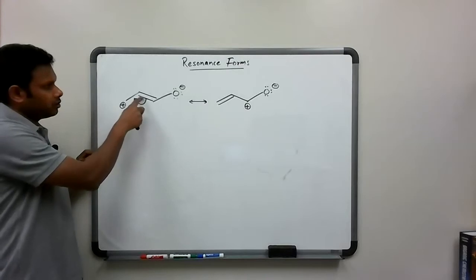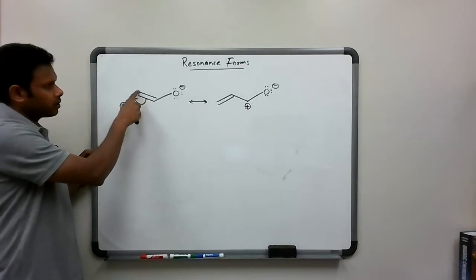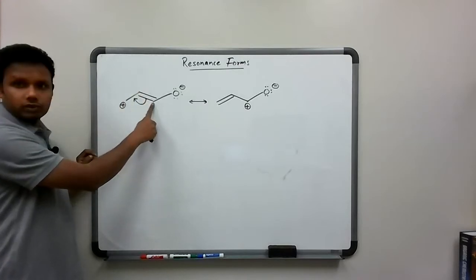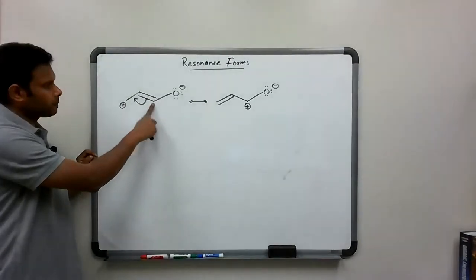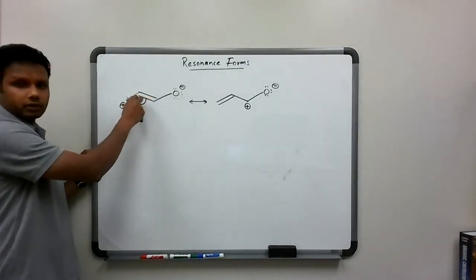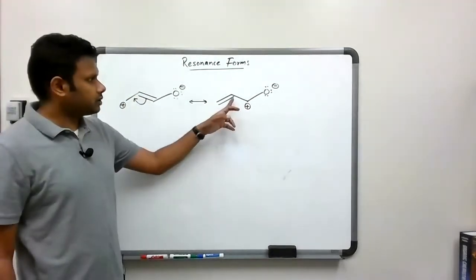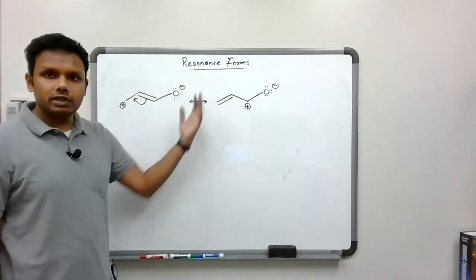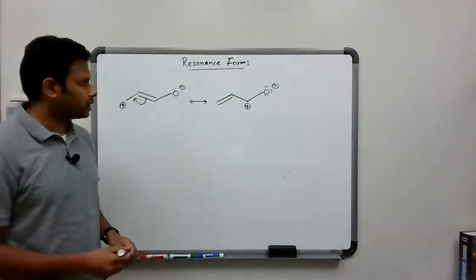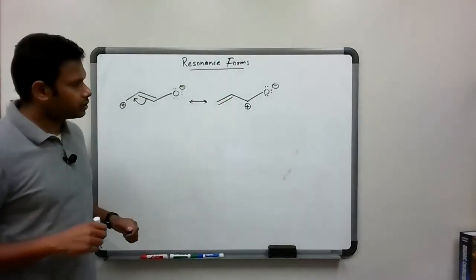And remember that the two electrons here, one of them was contributed by this carbon and the other one was contributed by the carbon at the bottom here. That's why when we move both electrons, the carbon at the bottom should get a positive charge. The carbon at the top still gets to keep its electrons, so no formal charge for that. So you have a positive charge over there.